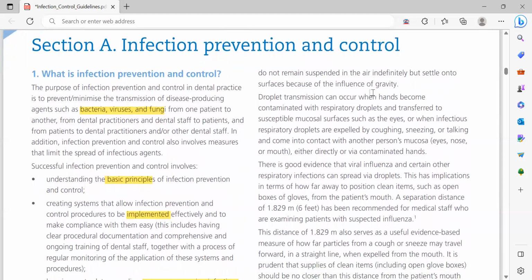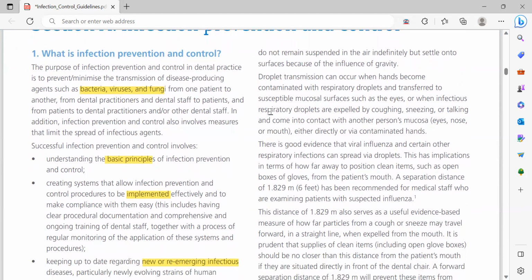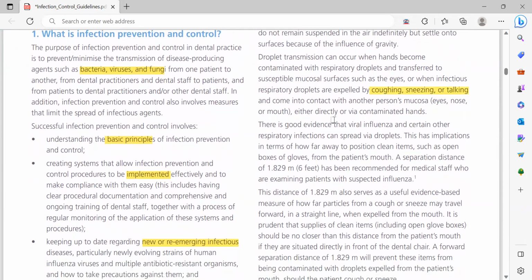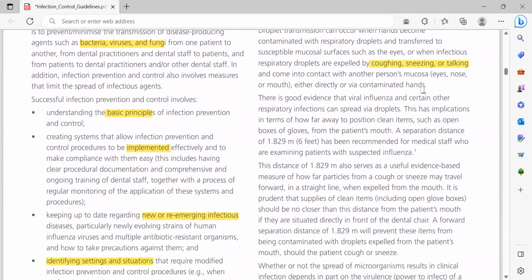Then droplet transmission can occur when hands become contaminated. For example, we used to go to the shopping centers during the COVID time. At that time we used to clean the trolleys with wipes before using them, so that if there was any bad contamination on the trolleys, we would not take it home and transfer it to susceptible mucosa such as the eyes, or when infectious respiratory droplets are expelled by coughing, sneezing, or talking, or come into contact with another person's mucosa either directly or via contaminated hands.